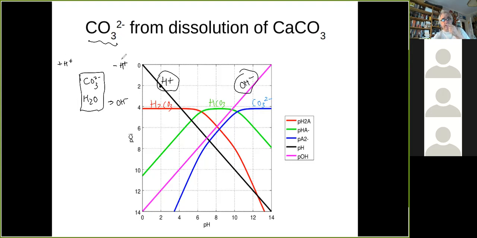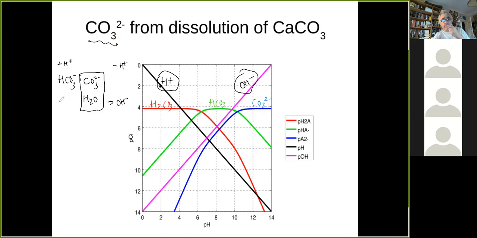Because hydrogen ions are very mobile in water solutions. Can we produce anything? Can carbonate attach the hydrogen ions? Yes, it can actually do that. Then it produced hydrogen carbonate.